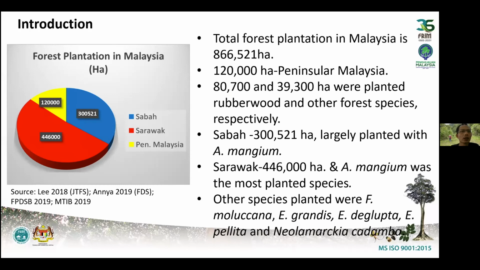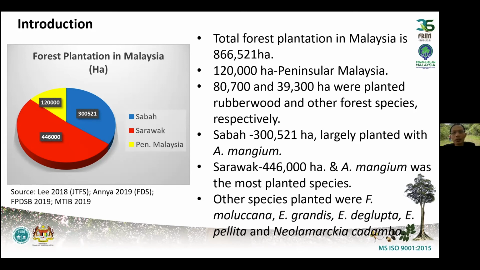This presentation is work from myself and my colleague Ahmad Shazwan. Now I'm going to give a very brief introduction on forest plantation in Malaysia. In 2019, we had approximately 870,000 hectares of forest plantation in Malaysia, of which 120,000 hectares are in Peninsular Malaysia, 300,000 hectares in Sabah, and 450,000 hectares in Sarawak.